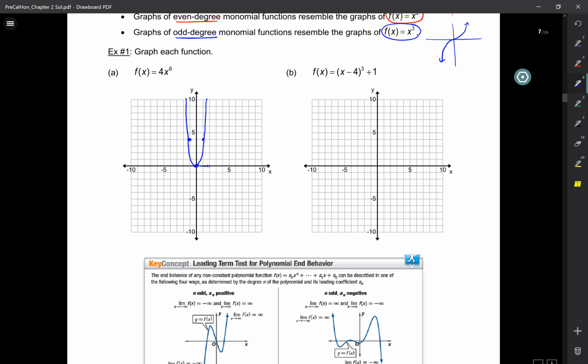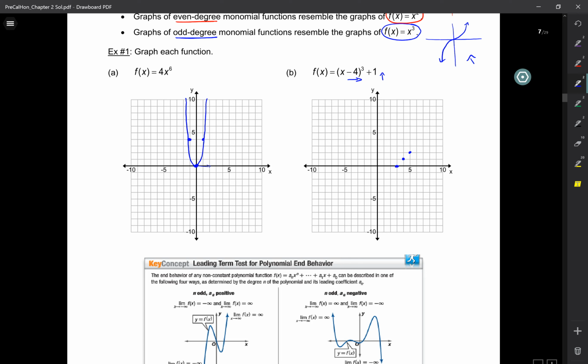All right, here's another one. This is an x cube, right? So it's going to look like this one right here, but it's got a translation. So it's translated 4 to the right, 1 up. So 4 to the right, 1 up. And since it's an x cubed, if I go over 1, I have to go up 1 cubed, which is 1. And similarly here, over and down.